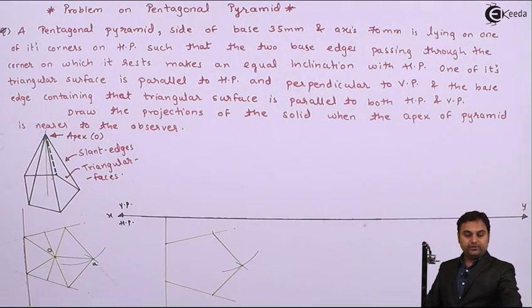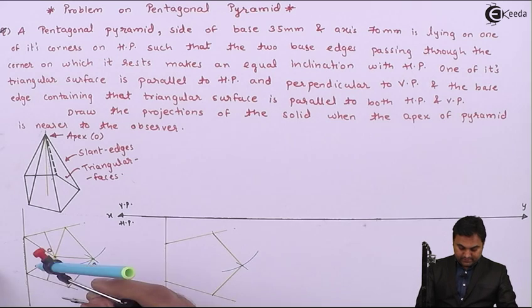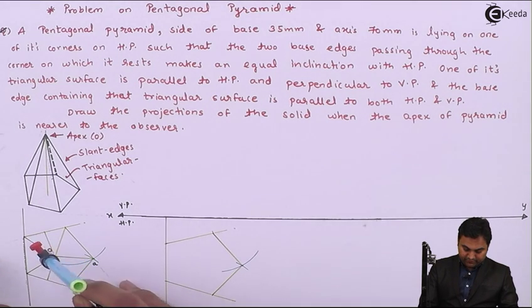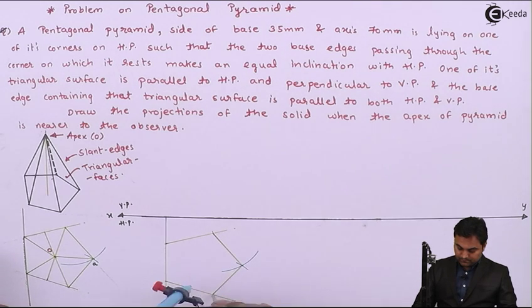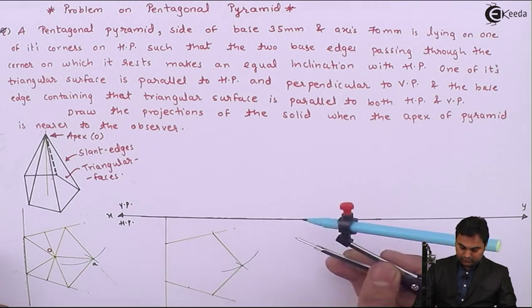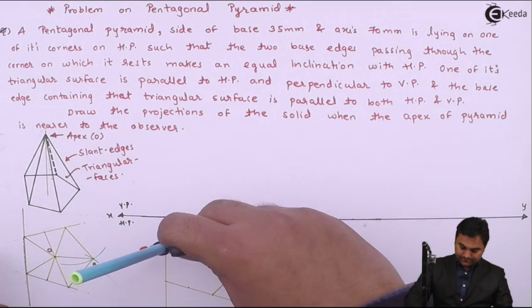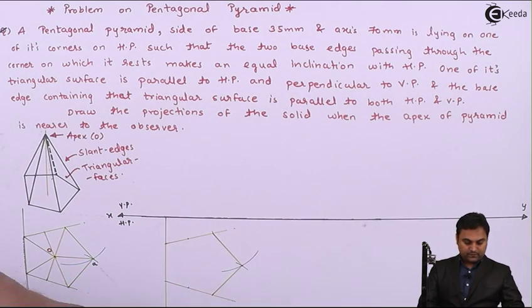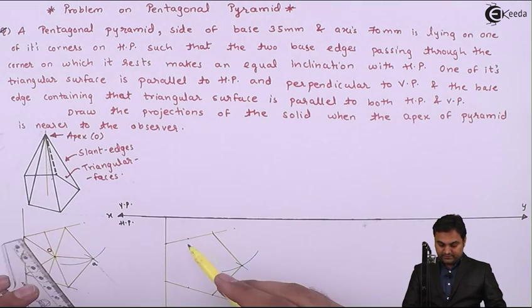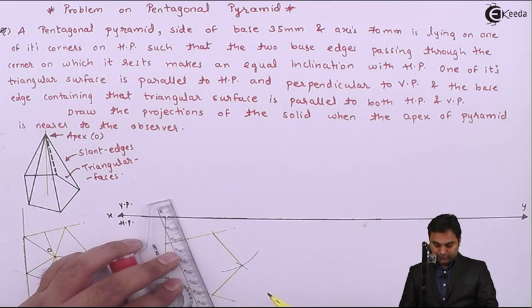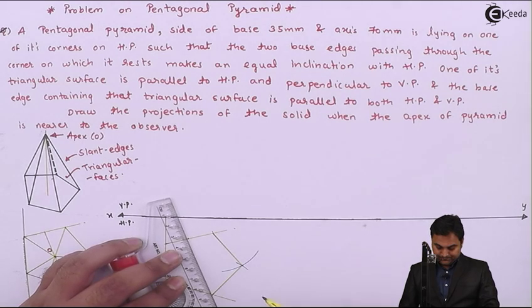Next, for the apex, again I'll mark the midpoint of any one of the sides and onto any other given side, and joining them to their respective opposite corners. Like this midpoint would be joined to this opposite corner.